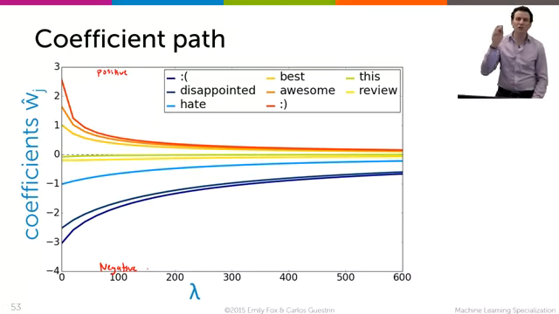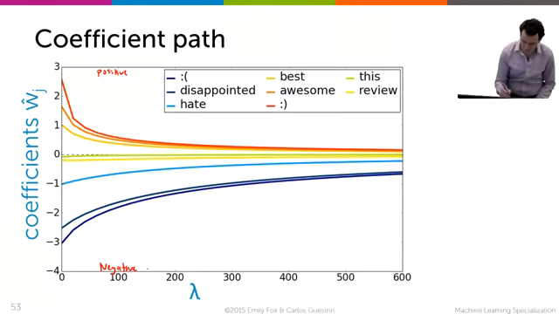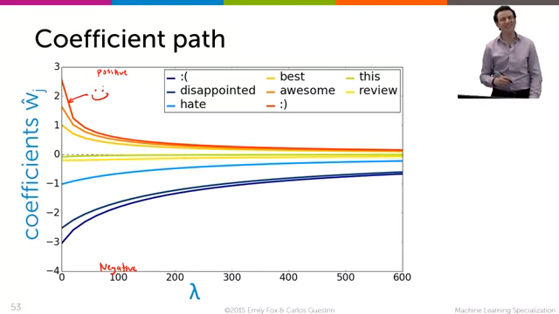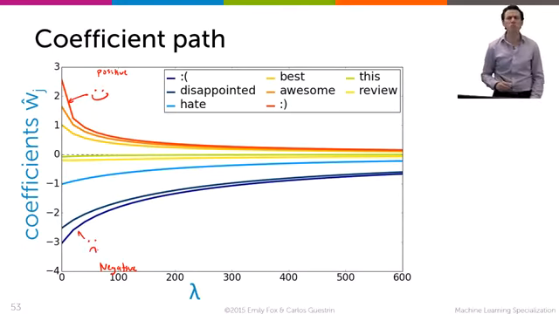What is the word in quotes that has most positive weight? Well, if you look at the key here, the word that has most positive weight is actually an emoticon, a smiley face. The word that has most negative weight is another emoticon, which is a frowny face.